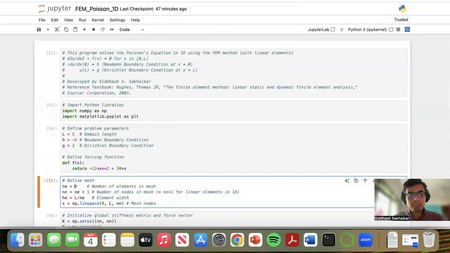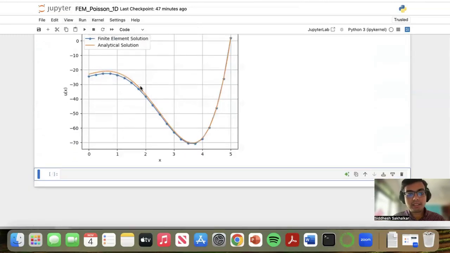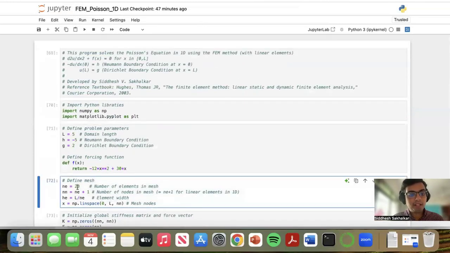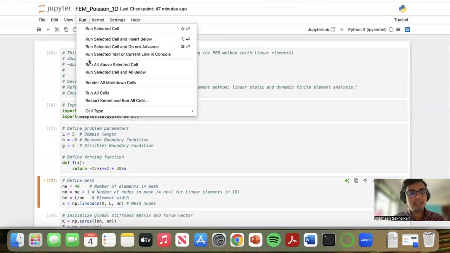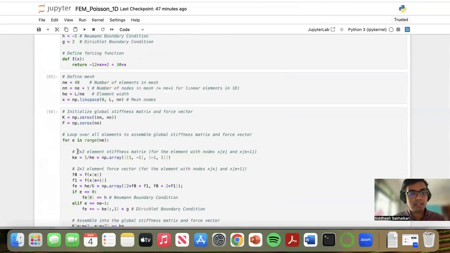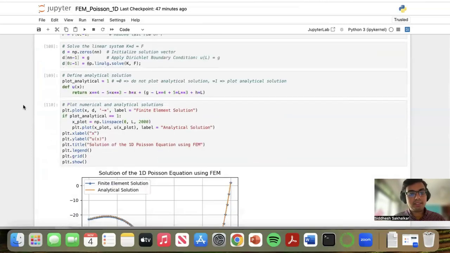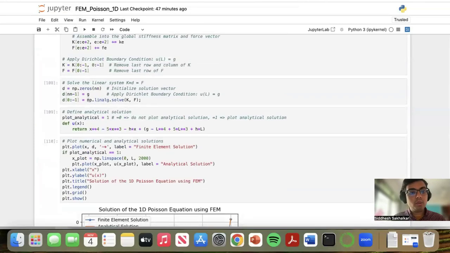Now we increase the number of elements to 20 and run the cells again. Now you can see that it's much closer since we've refined the mesh. Let's continue refining. Let's move to 40 and run all the cells again. Now we are even closer. When we move to 80 and run all the cells again, we are really close.